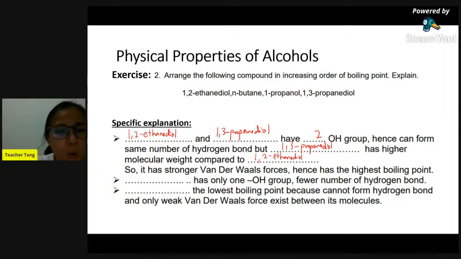Therefore, 1,3-propane-diol can have stronger van der Waals forces, therefore has the highest boiling point.